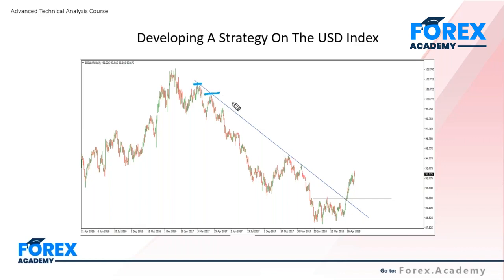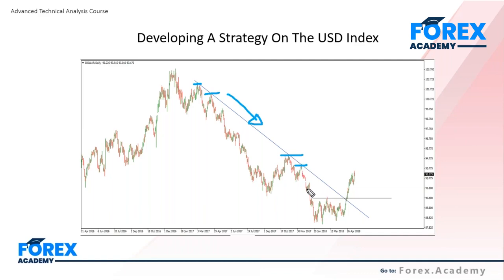Well, we take the two starting points, which are essentially these, and this line has been projected forward. We can see that when price traded up to the trend line over here, as well as on this occasion, the market sold off. In other words, if we had blindly followed the trend line and sold every time it hit the trend line, we would have had at least two decent trading opportunities.